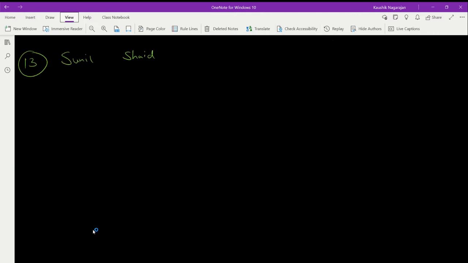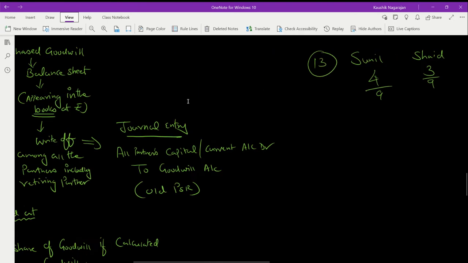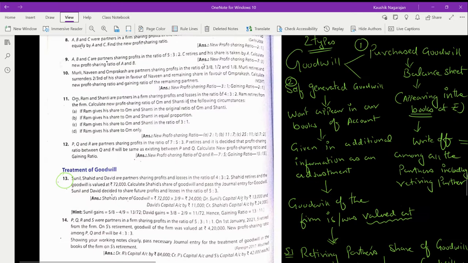The three partners are sharing the profits and losses in the ratio 4 is to 3 is to 2. Just make this a fraction. So 4 plus 3 is 7, plus 2 is 9: 4 by 9, 3 by 9, and 2 by 9. Let's see who has gone out of the business. So who has retired from the business?